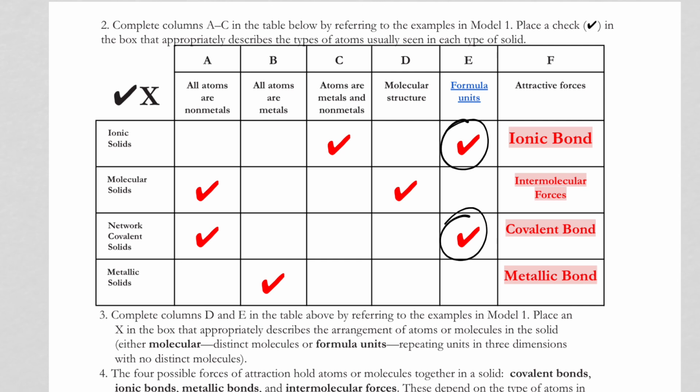So for example, sodium and chlorine together make sodium chloride, usually NaCl. NaCl would be a fixed ratio, or magnesium oxide, that's a 1-to-1 ratio.